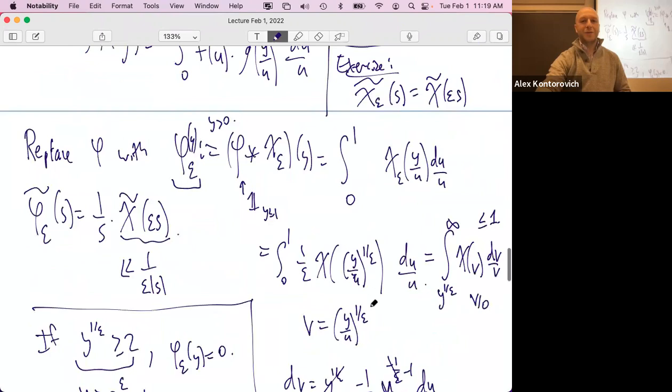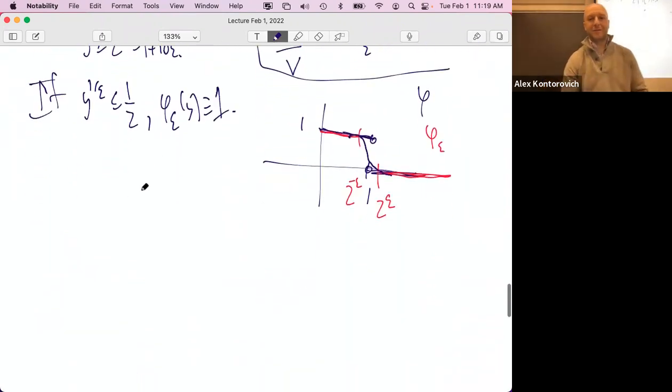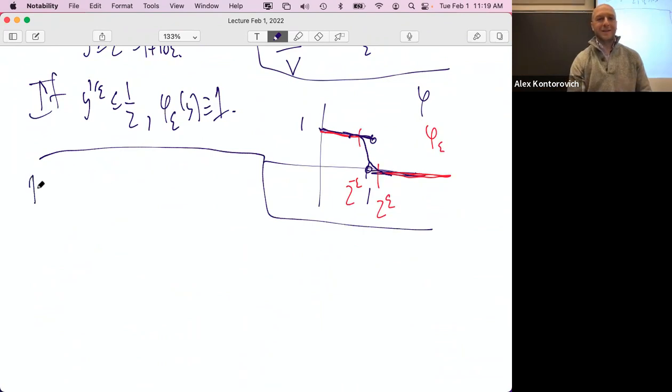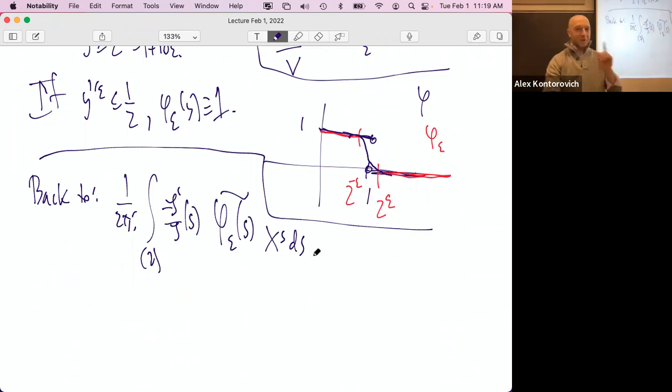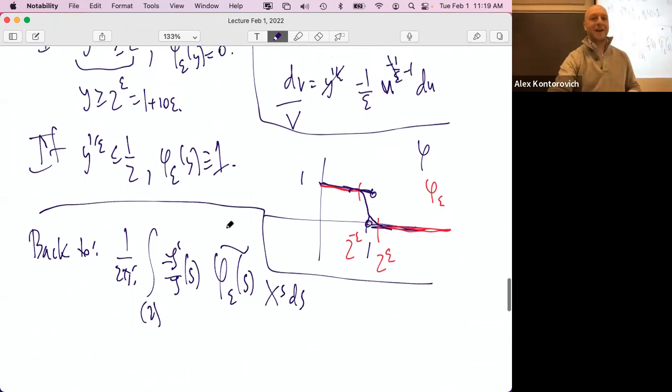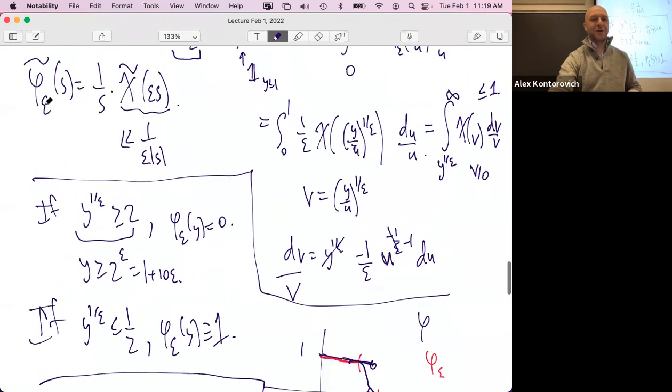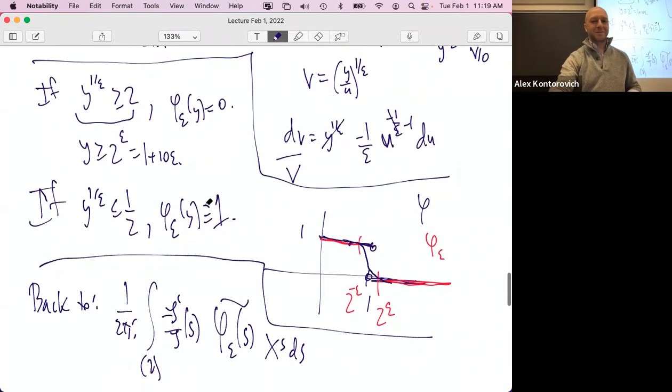So now let's go back to, okay, so far so good? No questions? So back to 1 over 2 pi i, an integral over the vertical line 2, negative zeta prime over zeta of s, times phi epsilon tilde of s, x to the s ds. Now there's no problem. This has quadratic decay in s, using only one derivative.